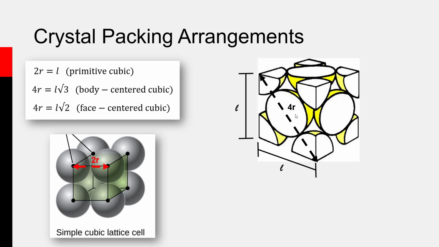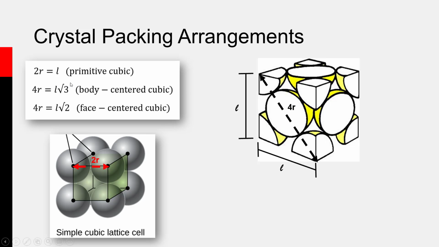Using Pythagoras' theorem, a squared plus b squared equals c squared, we can say that the edge length squared, l squared, plus the edge length squared, l squared, is equal to the square of the hypotenuse, (4r) squared, which would be 16r squared. If we simplify that formula and rearrange to solve for r, we'd see that the atomic radius is equal to the edge length times the square root of 2 divided by 4. And so we can still calculate the atomic radius.